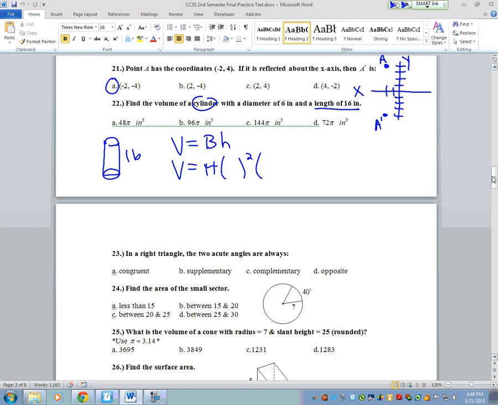And the diameter is 6, which makes the radius equal to 3. So radius is 3, the height or length is 16, and there's my volume. Pi times 3 squared, so I've got 9 pi times 16 equals 144 pi cubic inches, which is answer choice C.